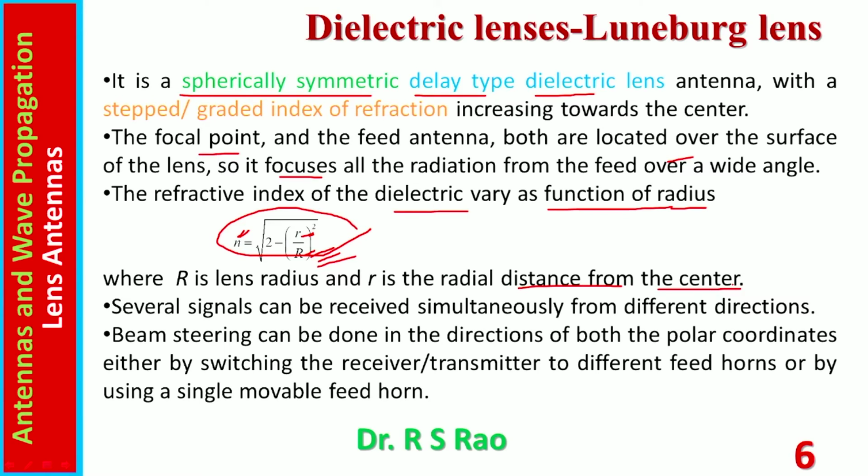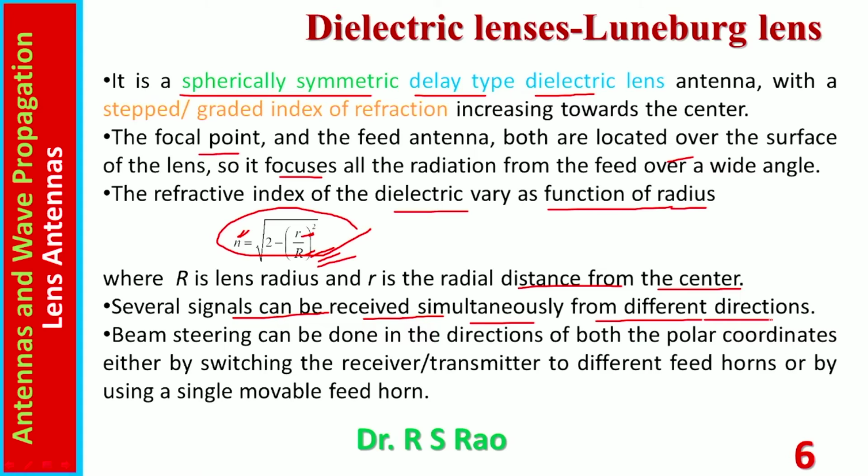The versatility of this lens is that several signals can be received simultaneously from different directions, and hence several signals also can be transmitted simultaneously into different directions when it is acting as a transmitting antenna. It can receive several signals while working as a receiving antenna.